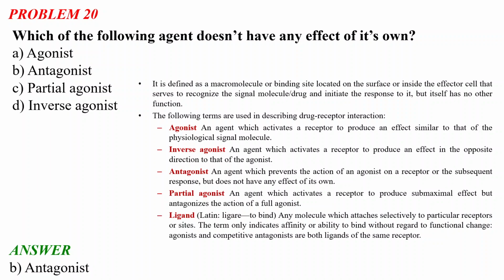An inverse agonist alters or opposes the effect of the agonist, and an antagonist does not have any action of its own, but it prevents the agonist from acting on the receptor. And a partial agonist activates the receptor to produce a submaximal effect, but antagonizes the action of a full agonist. So, this is the meaning of all the terms. That was it for today.